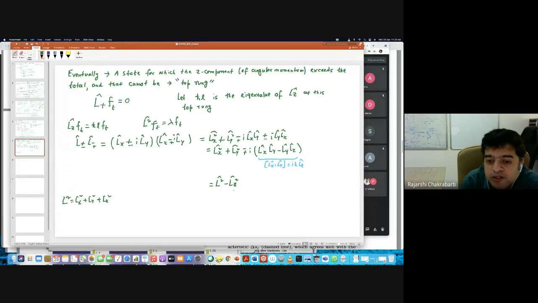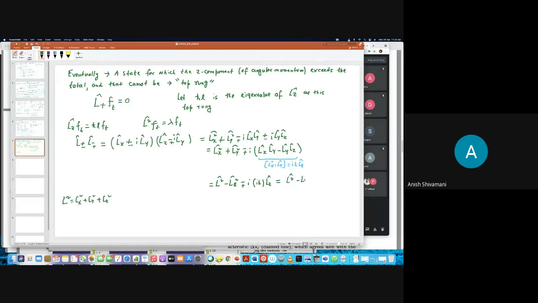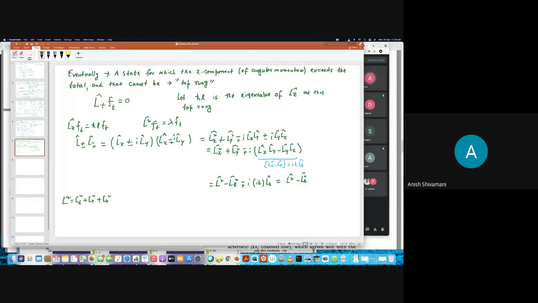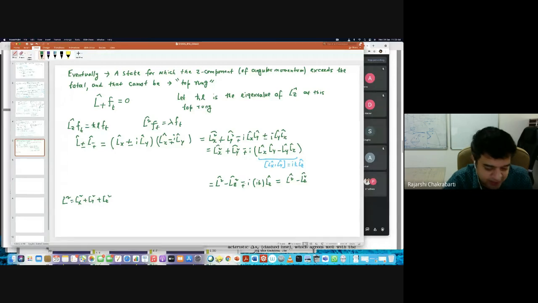Anyway, this is how it is, and then this one is going to be minus plus i ħ Lz. Then what will be the next step? L square minus Lz square plus, I am doing it very carefully, because i and i will give me what? -1. And this -1 with minus plus will change the order, minus.